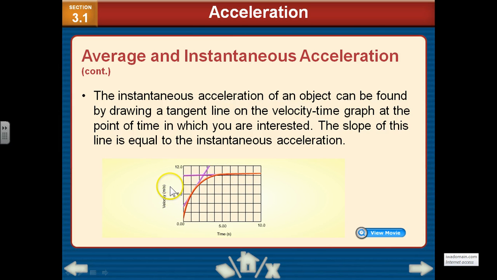But keep in mind this is a velocity versus time graph. So now we have a positive velocity of about 10 meters per second. That means it's traveling away from the origin at a constant speed of 10 meters per second. It's not accelerating, but it's not slowing down either.